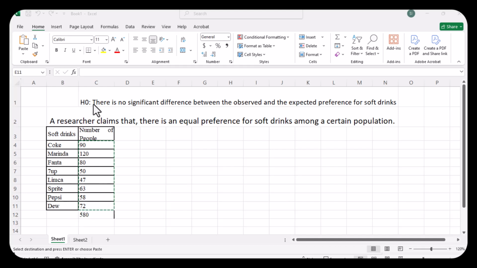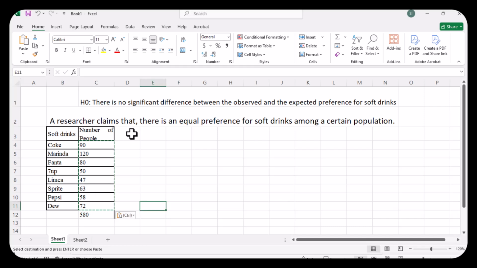So we state our null hypothesis as there is no significant difference between the observed and the expected frequency for soft drinks. The total number of sample is 580, and these are the observed values.